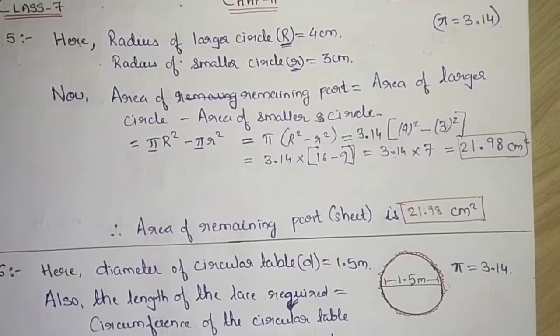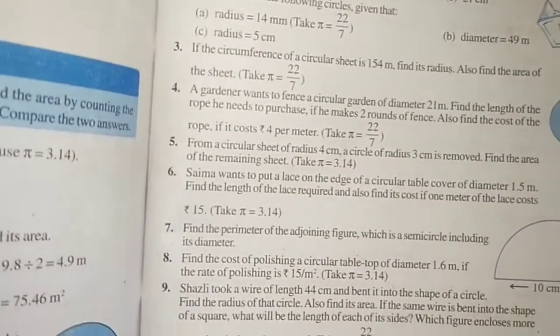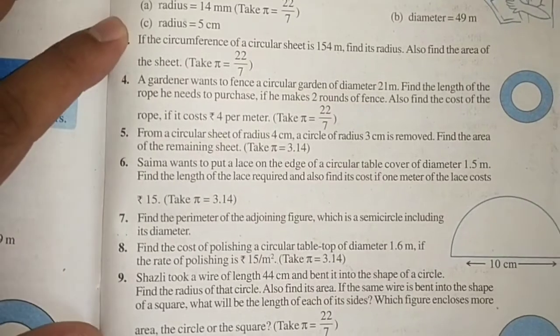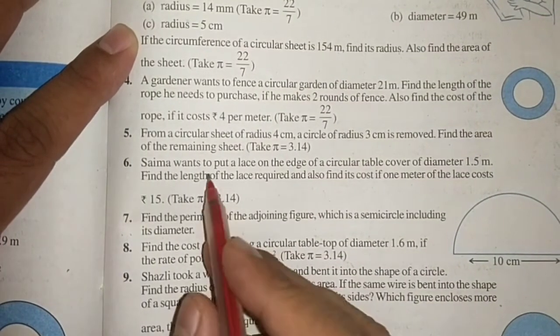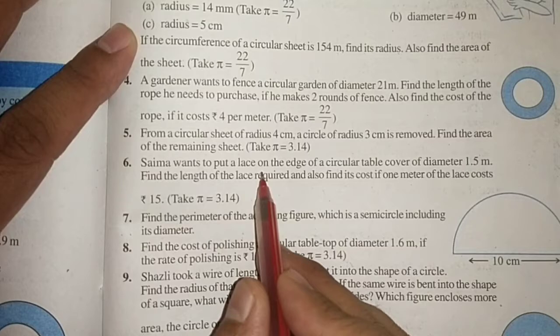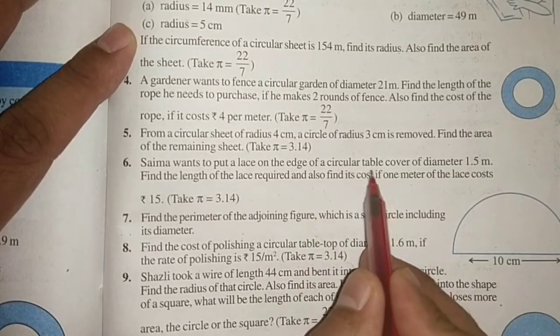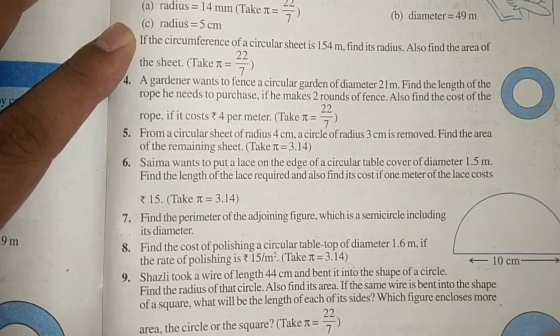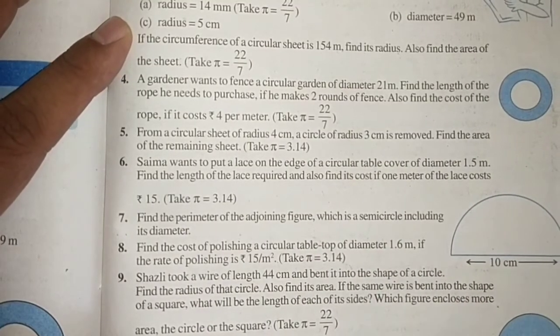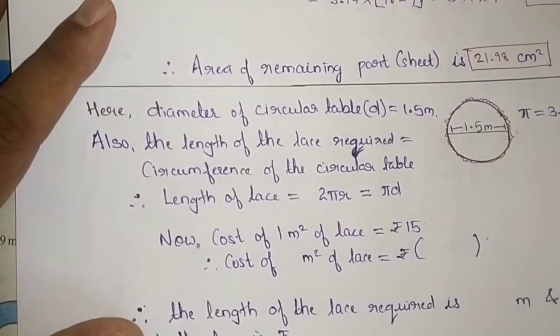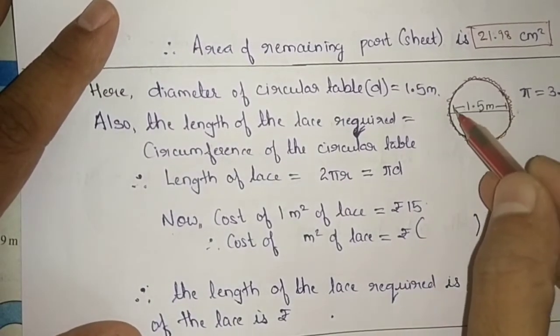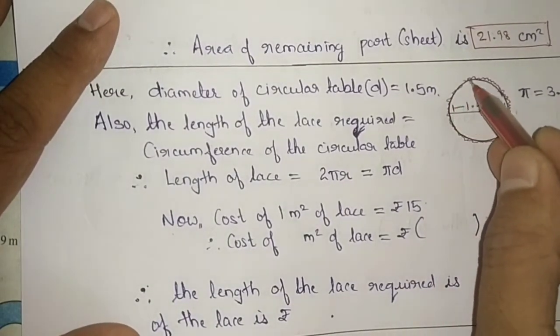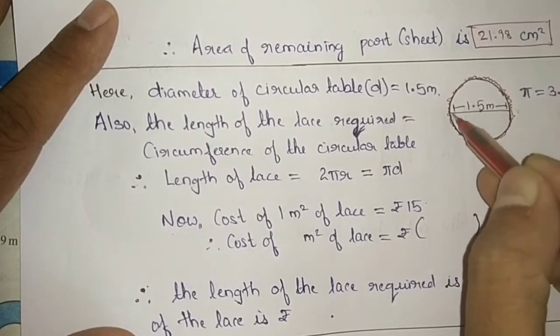Now let us move to the sixth question. Let me show you. Saima wants to put a lace on the edge of the circular table cover of radius 1.5 meter. Saima, one girl, wants to put the lace at the edge, that is, at the boundary of the circular table.